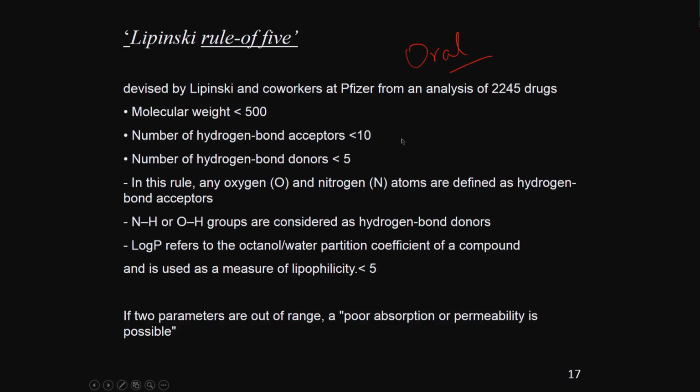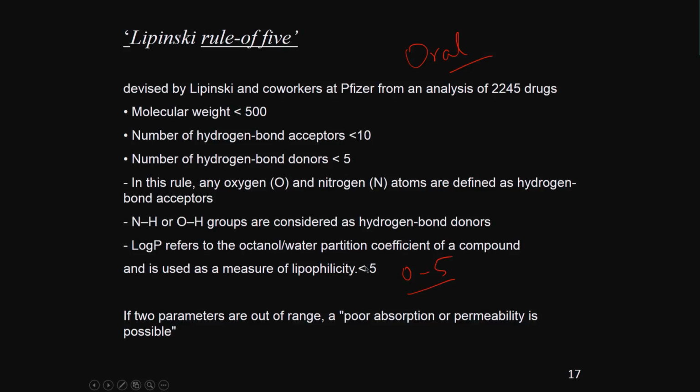And log P, which I defined, that is the octanol-water partition coefficient, should be less than 5. If it is more than 5, you are talking about a molecule which is very hydrophobic, and if it is 0 or less, then we are talking about a molecule which is very hydrophilic. So both we do not want.